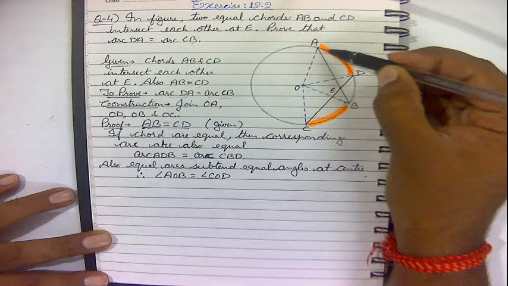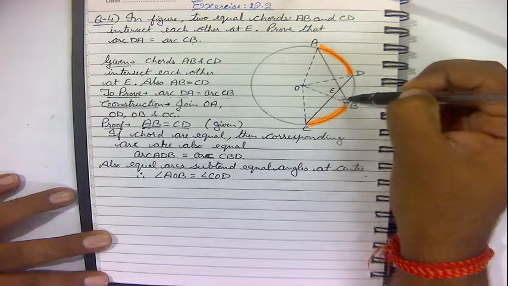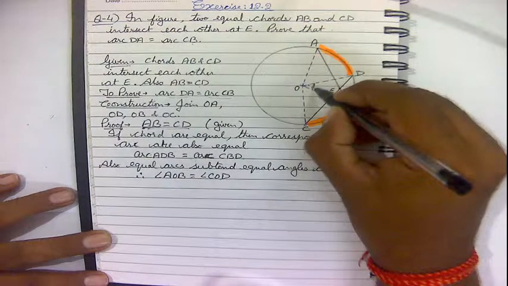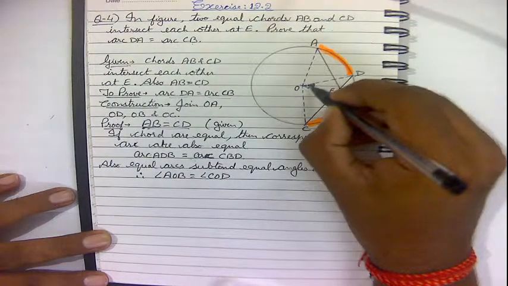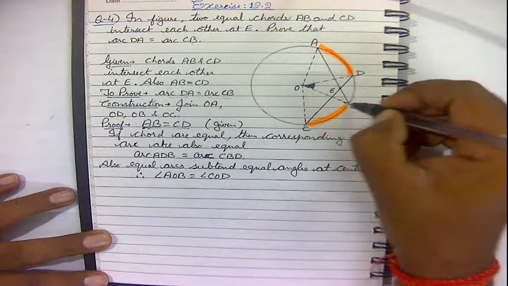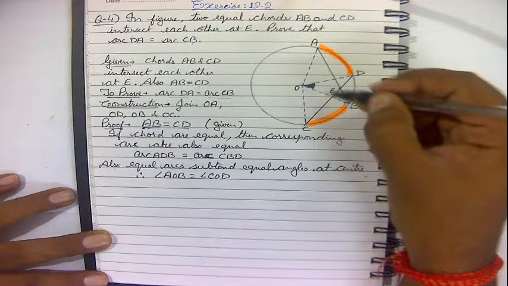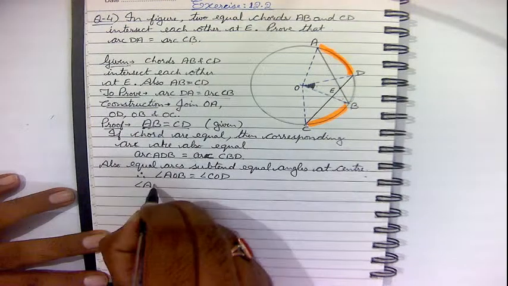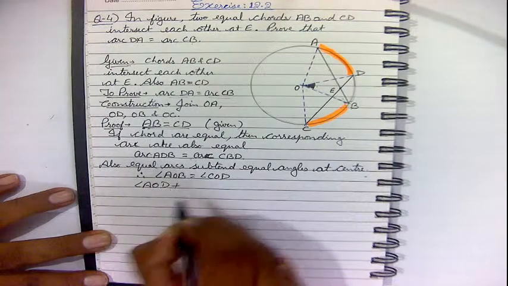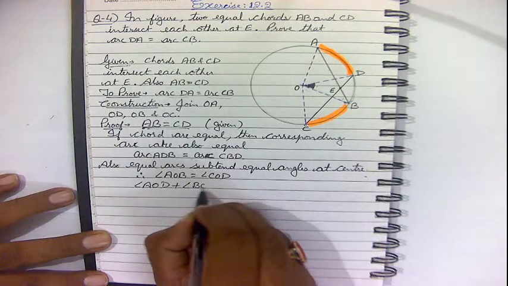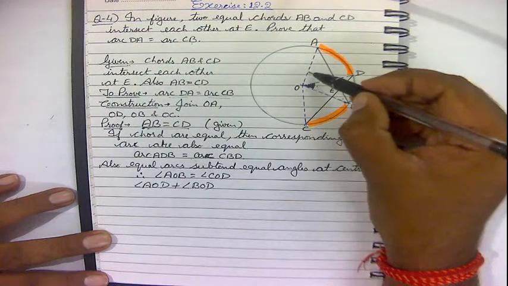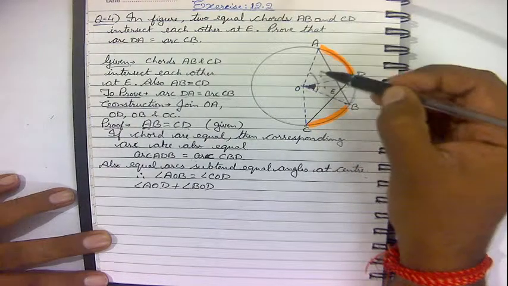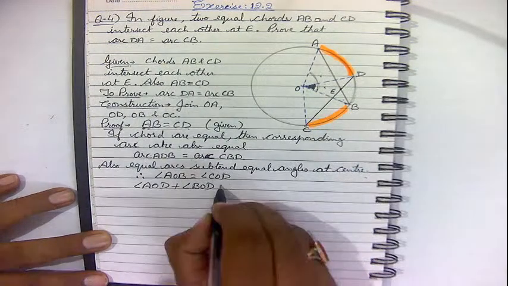Now this is angle AOB and this is angle COD. If you see both the angles, they have a common part, that is BOD. दोनों में ये part common है, BOD. So you can write AOB as AOD plus BOD, equals to COD.